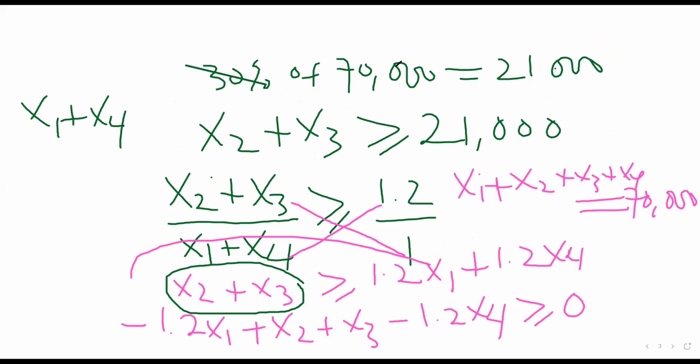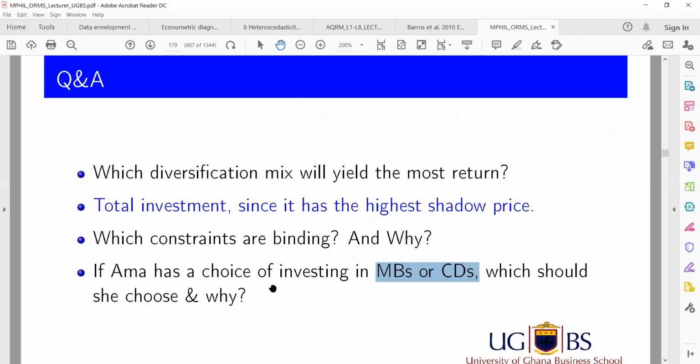Let me read the question again. The question says that if AMA has a choice of investing in municipal bonds, which is X1, or certificate of deposit, which is X2, which should she choose and why? Who can tell me this? This is fairly simple.